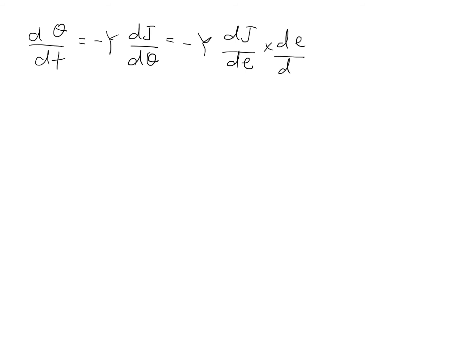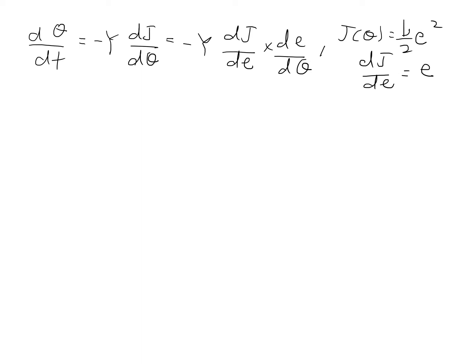So dθ/dt is equal to negative γ dJ/dθ, equal to negative γ dJ/de times de/dθ. Since we choose the cost function J(θ) = 1/2 e squared, dJ/de is equal to the error e.